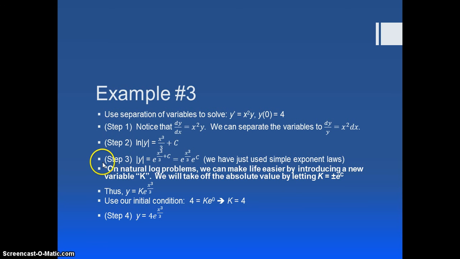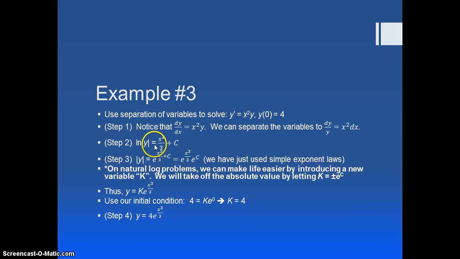That's not to say that we couldn't plug in our initial condition up here at the very first part of step 3, or even back at step 2, where we have natural log of absolute value of y is equal to x cubed over 3 plus c. The dangerous thing about that is I know that a lot of students, when they try that method, forget the fact that the initial condition is positive or negative depending on the situation.